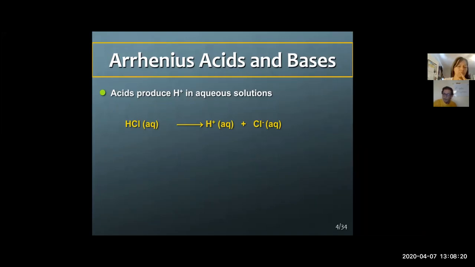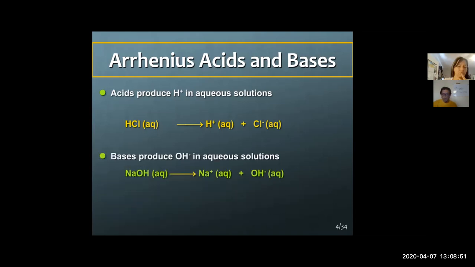So in that reaction that you see up there on the slide, you see hydrochloric acid, same acid that's in your stomach. When it goes in solution, it will break apart. It will dissociate. And you find the H+, which is the proton, and the corresponding anion, which in this case is the chloride ion.